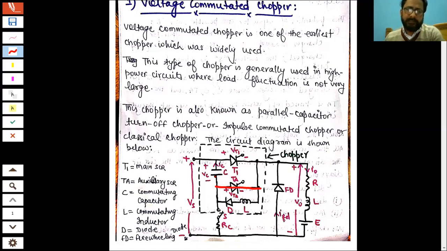So let us say the capacitor is completely discharged initially. So how to get a capacitor which is charged with voltage VC, V for voltage, C for capacitor? When TA is turned on, let us say, the current will flow from the plus terminal of the battery through the capacitor, then TA, then through the load and back.